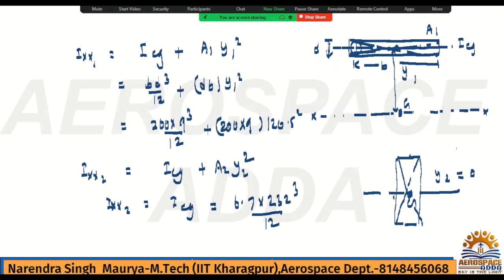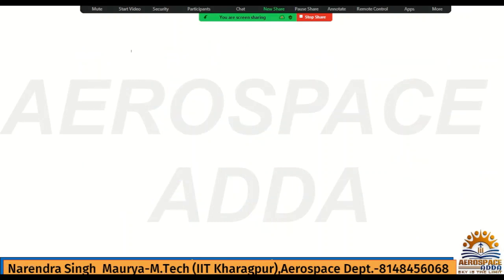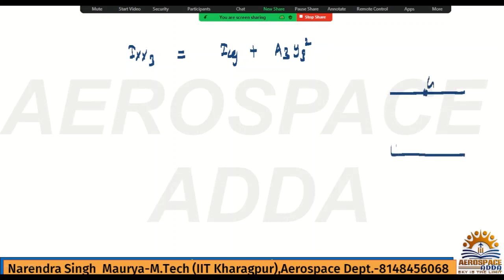Then third will be IXX3. What is that? ICG plus box A3 Y3 square. If you check, this is your centroid, which is nothing but capital G. Where is the box? Box is here. The CG location of this box is Y3.